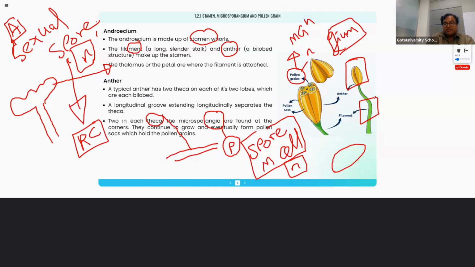The other name of the sexual spore is pollen grain. So in the CBSE board exam, sometimes they will say sexual spore, sometimes pollen grain, sometimes the product of spore mother cell. They will use multiple terminologies. We should be competent enough to correlate multiple pieces of information to give the exact answer.